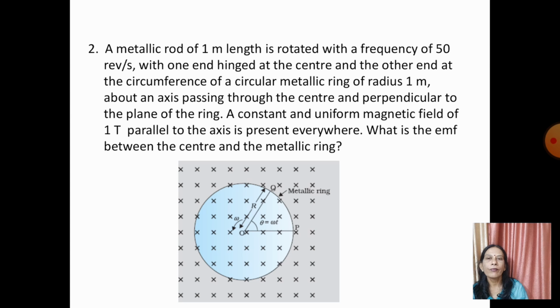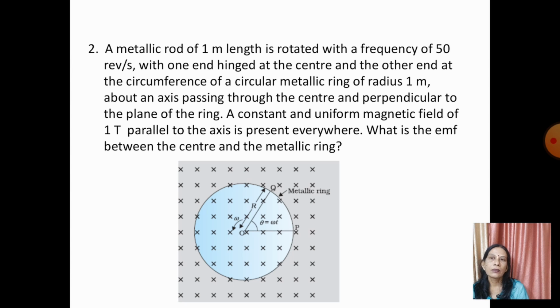Second question, another very important question. Question number 2. A metallic rod of 1 meter length is rotated with a frequency of 50 revolutions per second, with one end hinged, fixed at the center, and the other end at the circumference of a circular metallic ring of radius 1 meter, about an axis passing through the center and perpendicular to the plane of the ring.